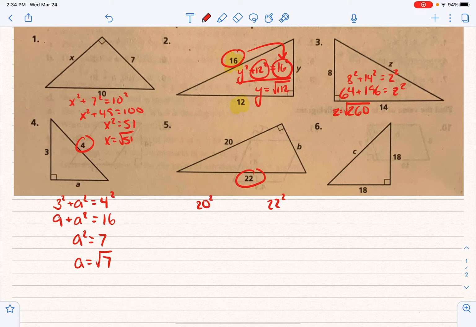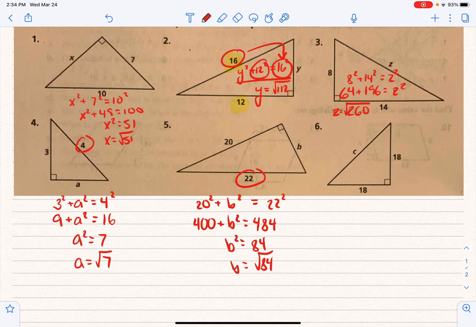And so I know that 20 squared plus b squared has got to equal 22 squared. That's 400 plus b squared is equal to, what is that, 484, I think? Then I can subtract the 400, and b squared has got to be equal to 84, so therefore b is equal to the square root of 84.